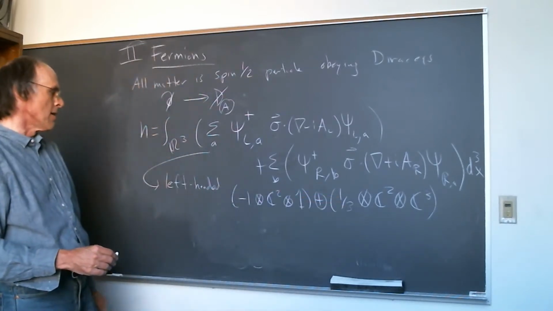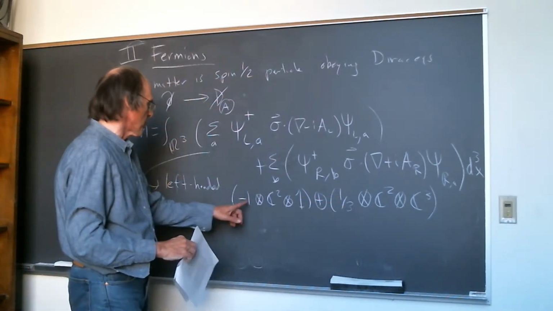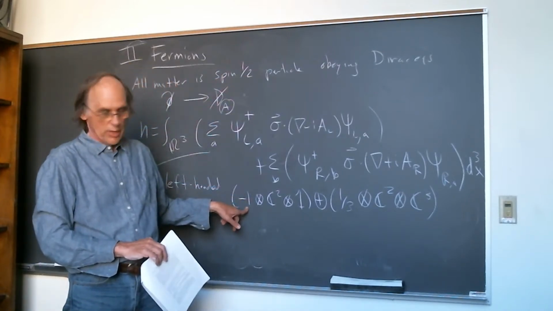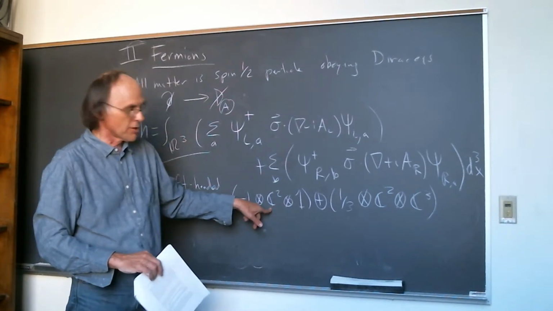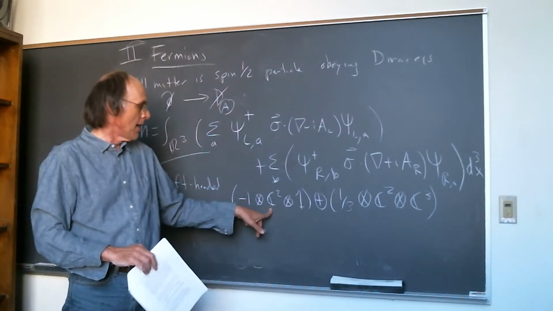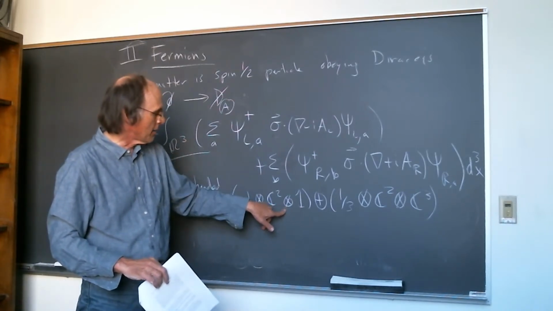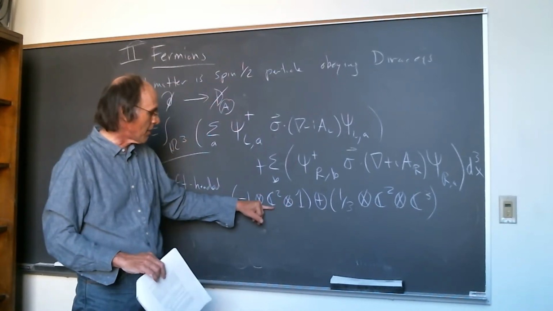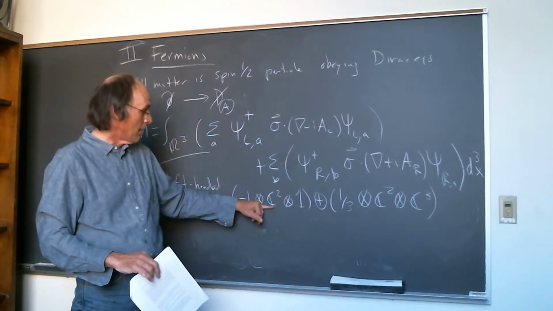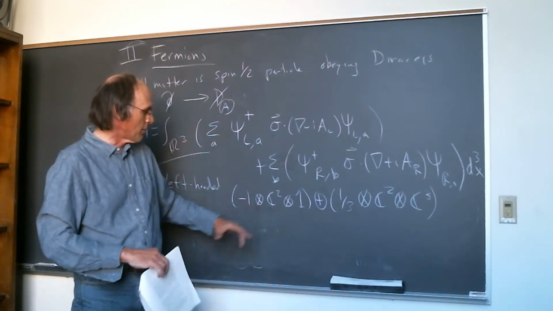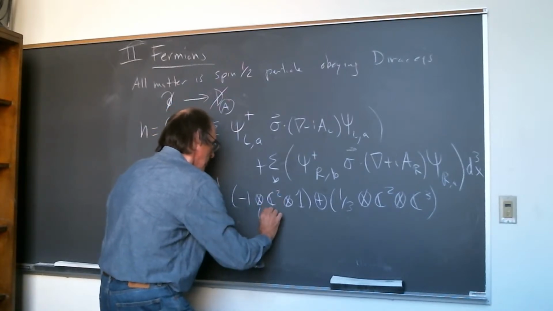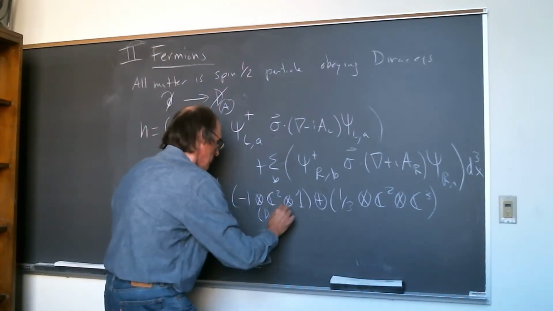So you've got things that under the U1 just have charge -1. Under the SU2 they're the standard C2, and under the SU3 they're invariant. These are like the neutrino, the left-handed neutrino.